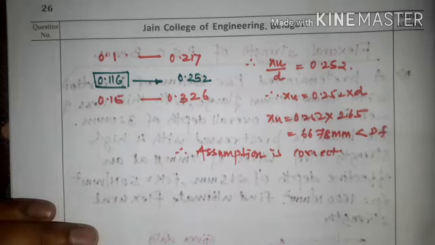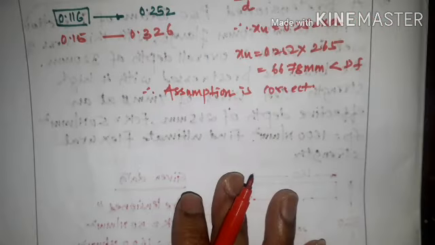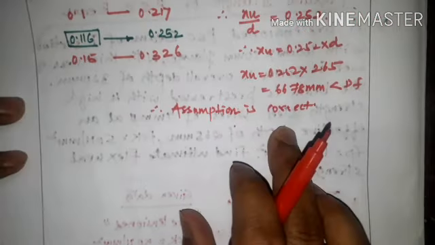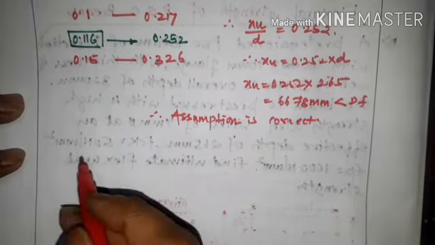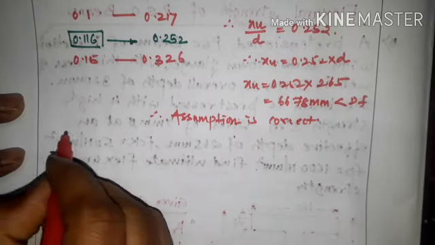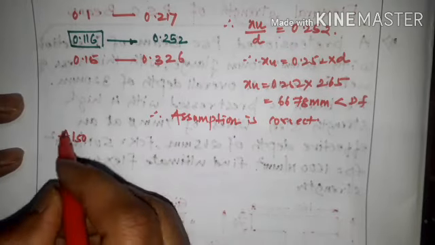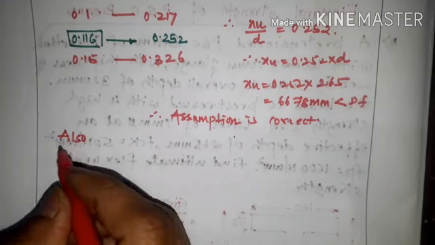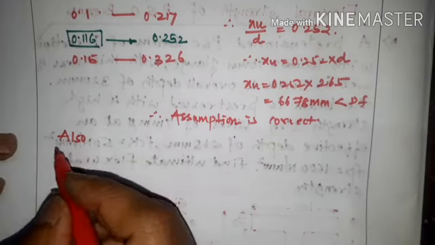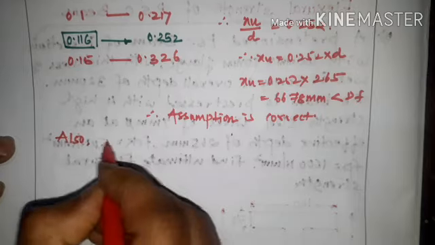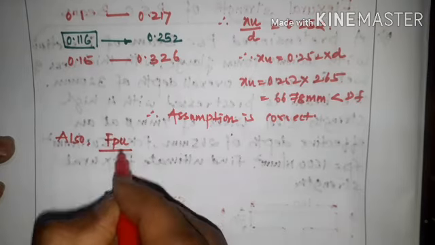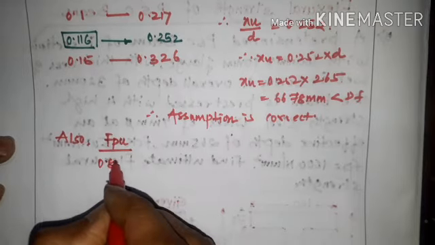Further, we have to find one more ratio, because our assumption is correct now. Here we have to find FPU by 0.87 FP.